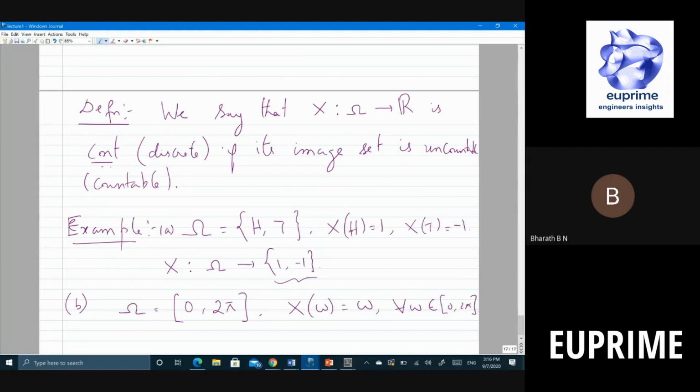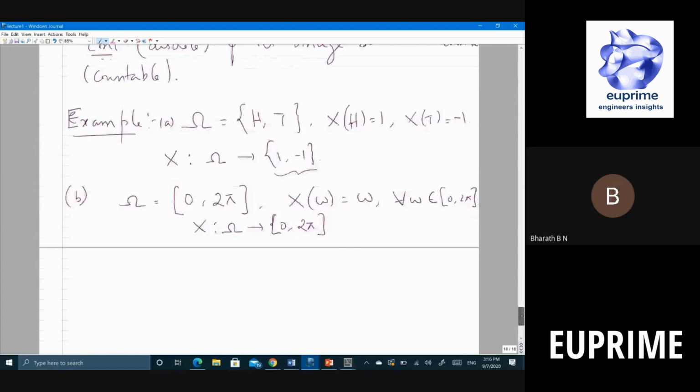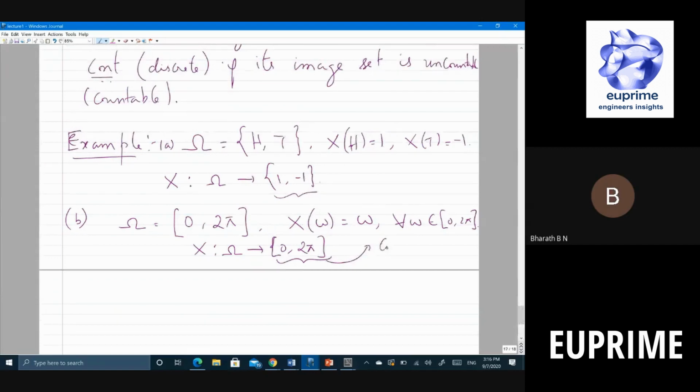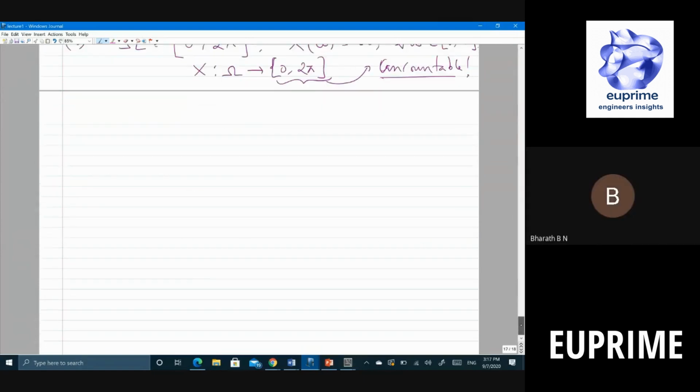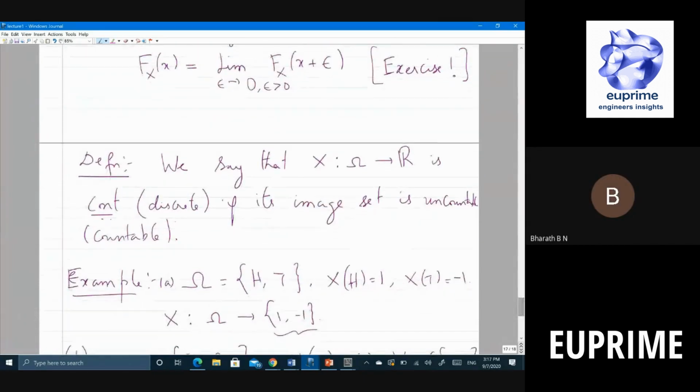Because the image set, omega to 0 to 2 pi, this set is continuous, uncountable, right? Sir, even countable infinite sets are discrete, right? Yes. That's why I said countable, and discrete means countable. Uncountable means continuous. Is that fine?